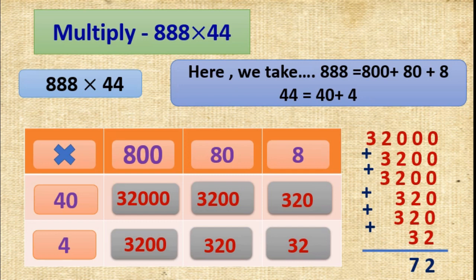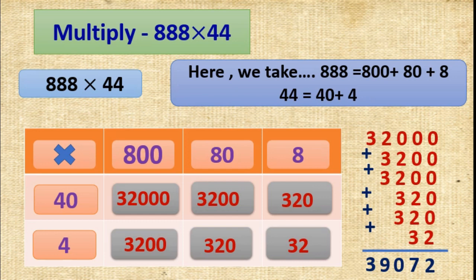In the unit place only 2. In the tens place 2 plus 2 plus 3 means 7. In the hundreds place 2 plus 2 plus 3 plus 3 means 10. Isn't it? 0 we will write down. 1 is carried over. Then 1 plus 2 is 3. 3 plus 3 is 6. 6 plus 3 is 9.